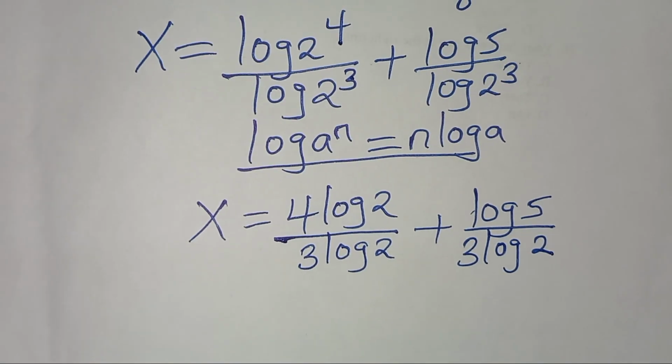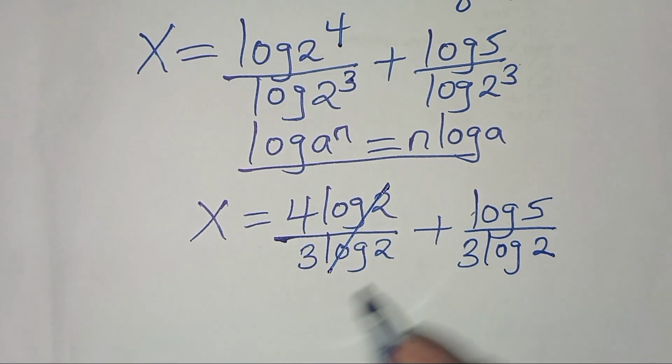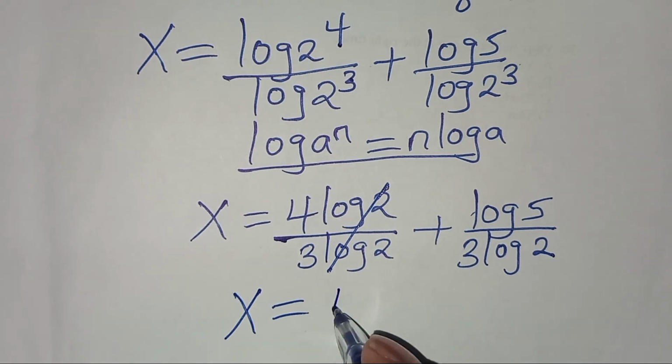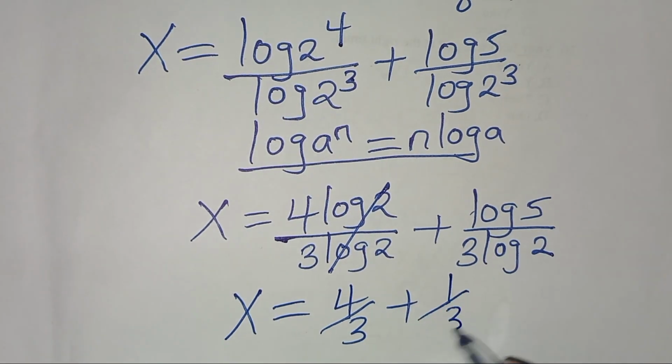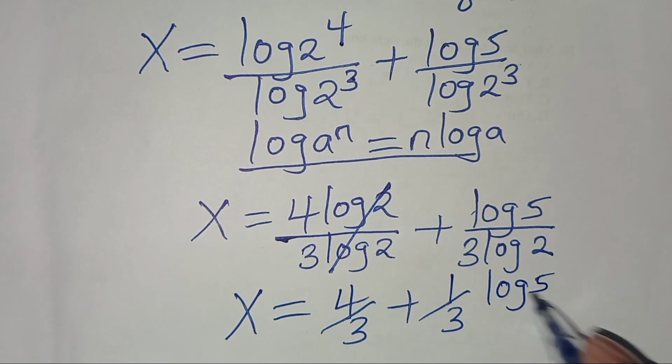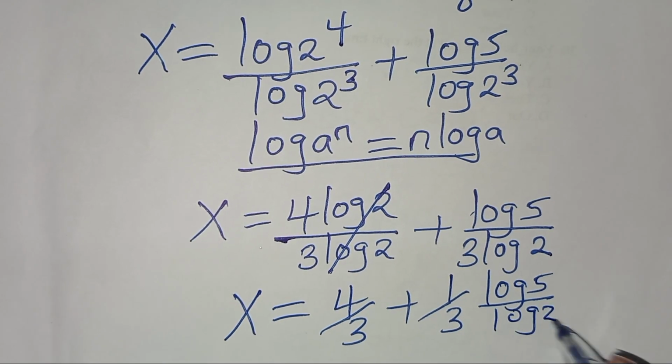Now the next step here, let's simplify log 2 so that x here is equal to 4 over 3 plus, now here we have a third log 5 divided by log 2.